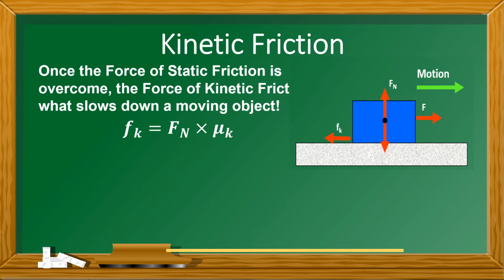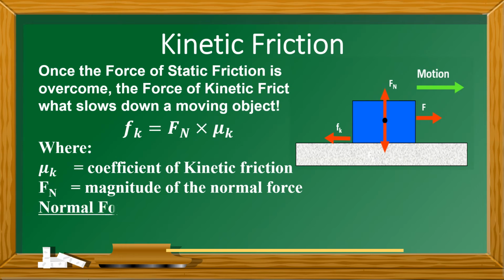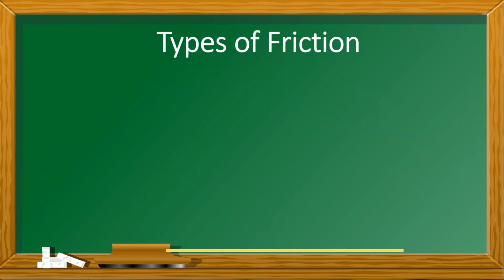It has an equation of F sub k is equal to F sub n times mu k, where mu k is the coefficient of kinetic friction, and F sub n is the magnitude of the normal force. Kinetic friction is found to be proportional to the normal force. The normal force is the force that is 90 degrees to the surface.